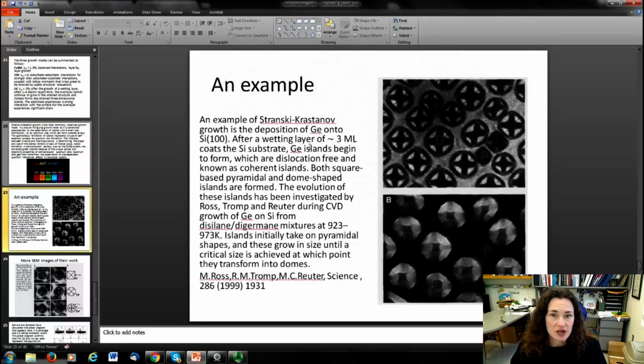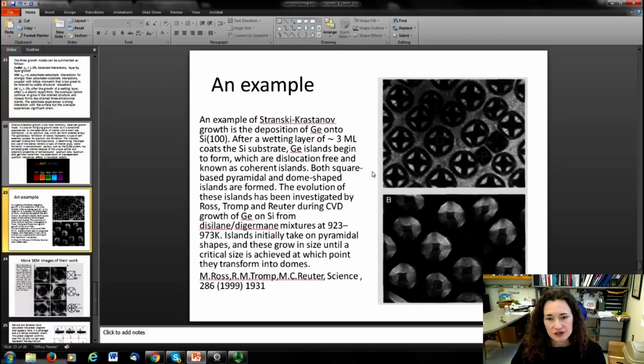Okay, so here's an example from the literature of an SK growth. This is the deposition of germanium on top of a silicon (100) surface. It forms a wetting layer film of about 3 monolayers thick, coating this silicon substrate, and then the germanium islands begin to form. And they're dislocation-free and they're coherent.